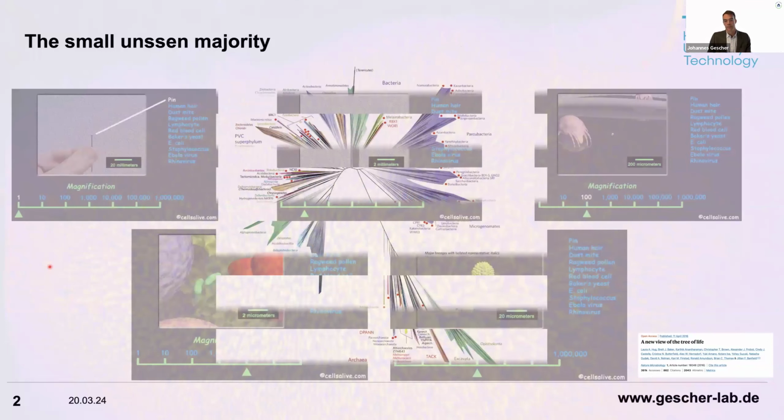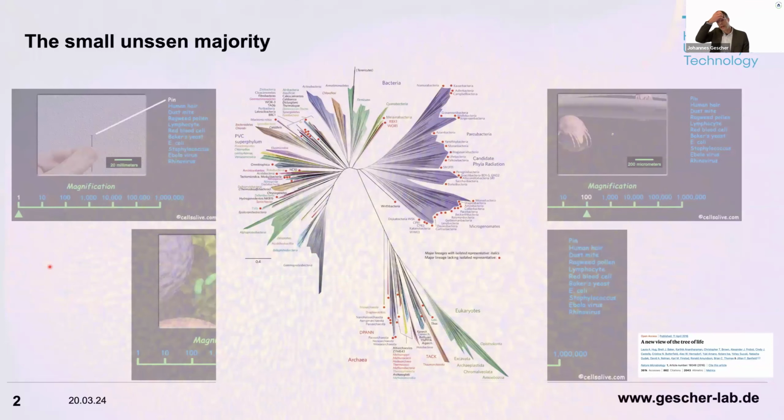on our planet. What you see here is the latest version of the tree of life. It shows how all known organisms on our planet are related to each other. There are three kingdoms in this tree of life. This kingdom is called bacteria, and you see that it's by far the most diverse. The majority of organisms on our planet are bacteria, and these bacteria fill all the niches on our planet.